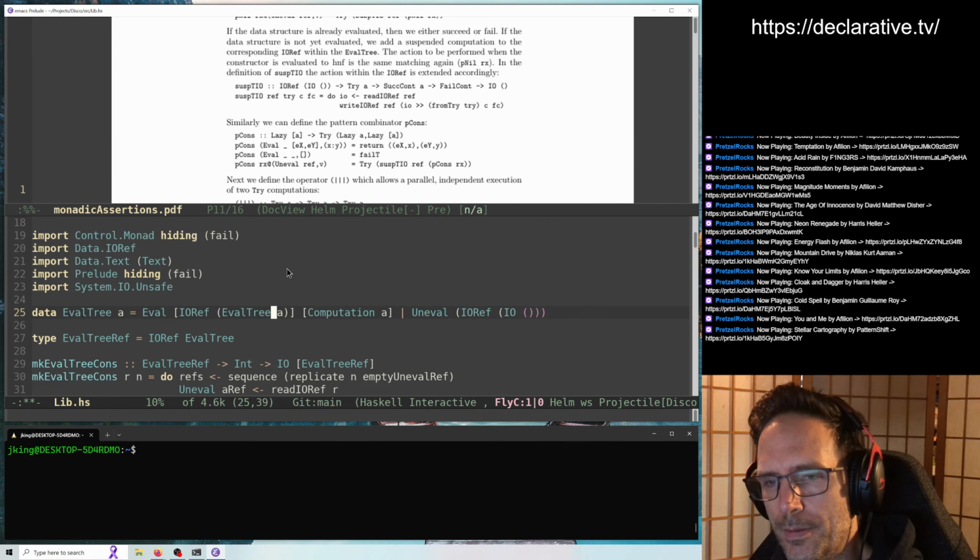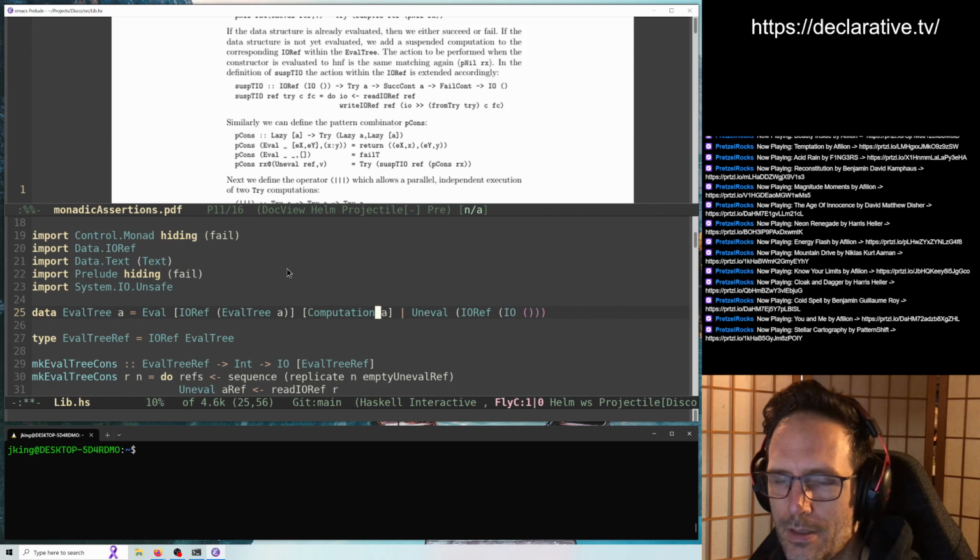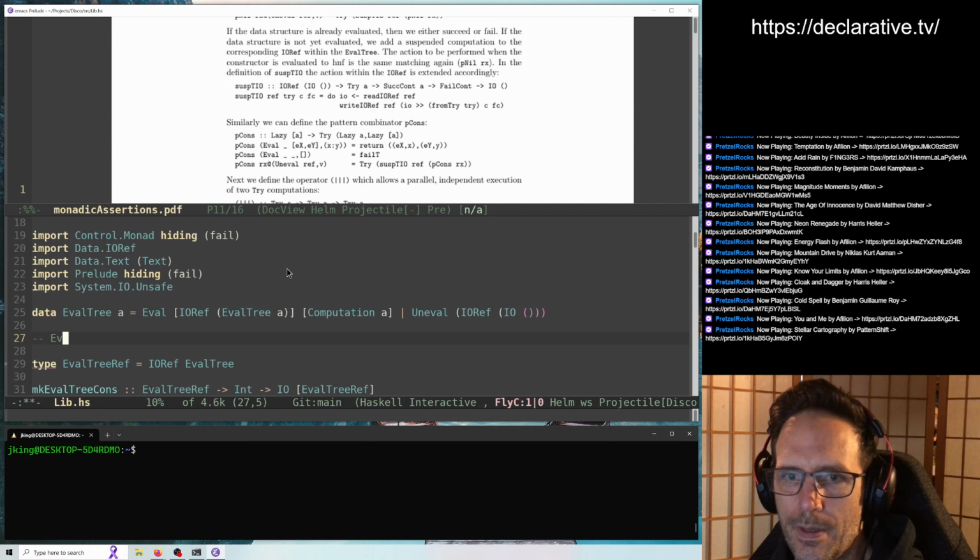And this is a list of computations, and so we could easily construct an eval from the eval constructor with two lists, one with a list of computations and one that is the empty list. Right? This would be a perfectly valid construction of eval tree.